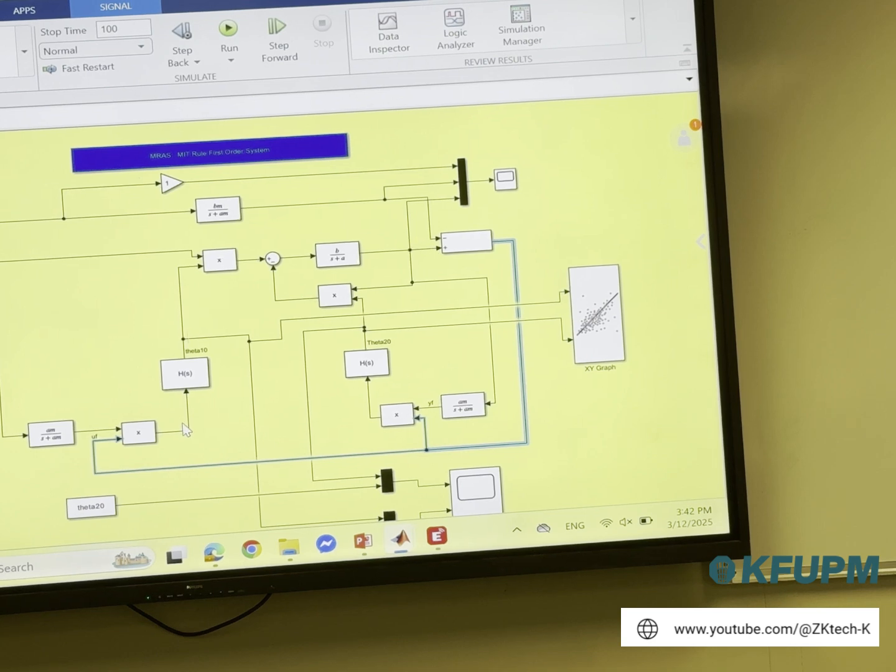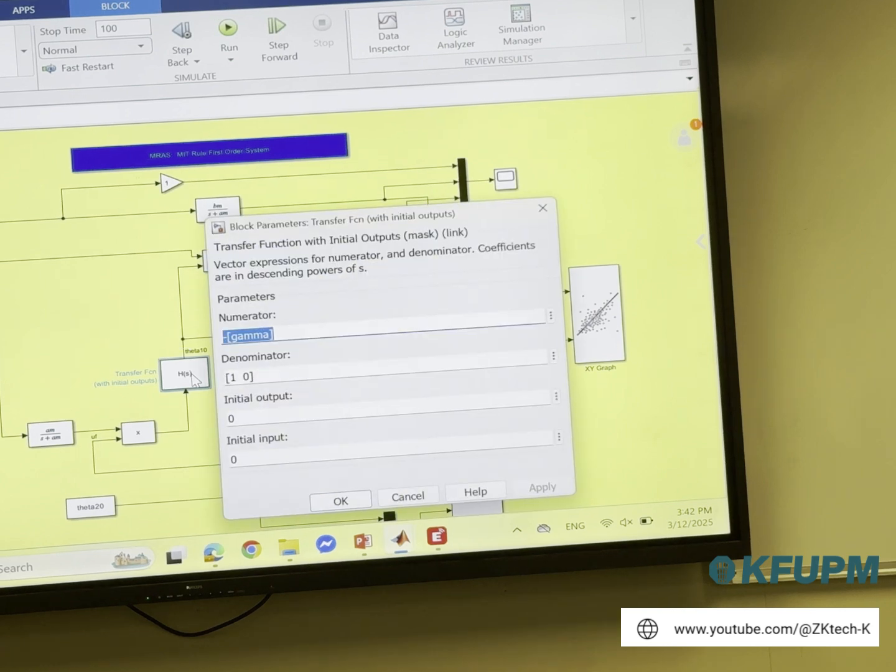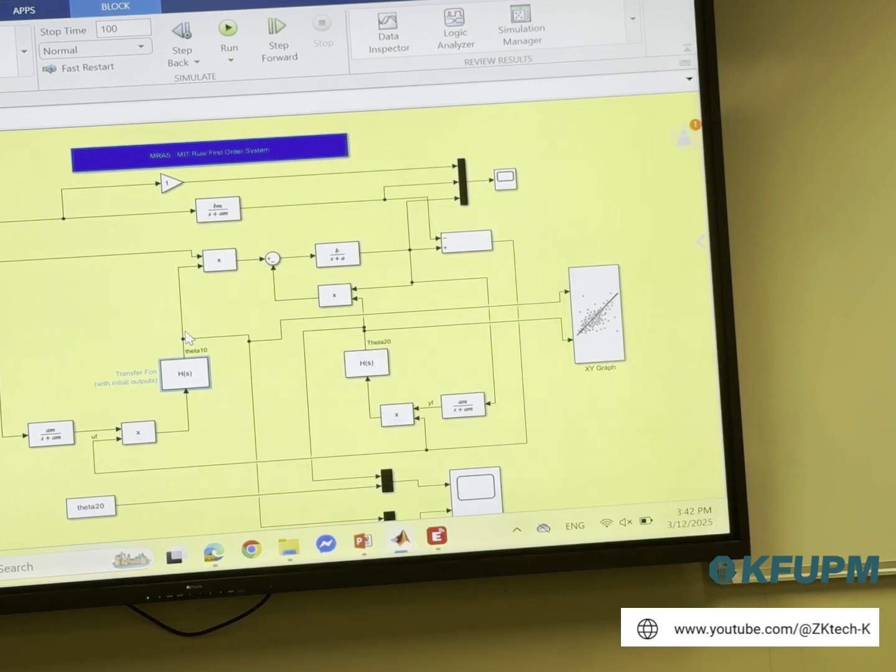This will generate for me the derivative of theta 1 with respect to time. Then I push it through the integrator with a gain gamma that I will change, and this will generate theta 1 here. And theta 1 will multiply uc based on my controller. Everybody is okay with this?